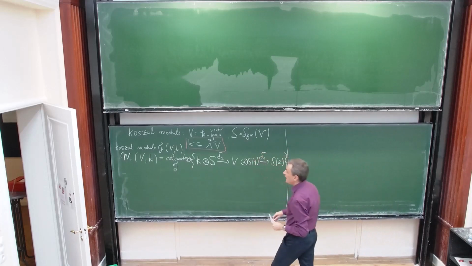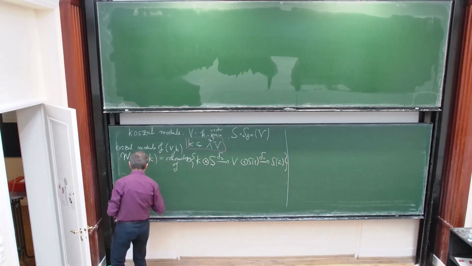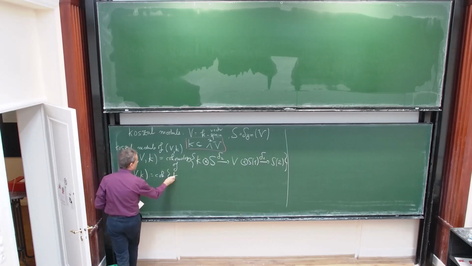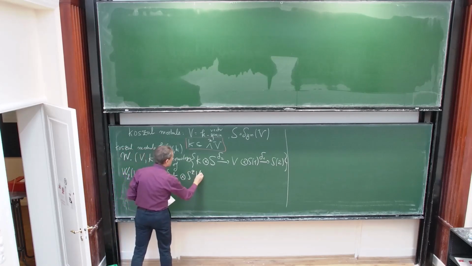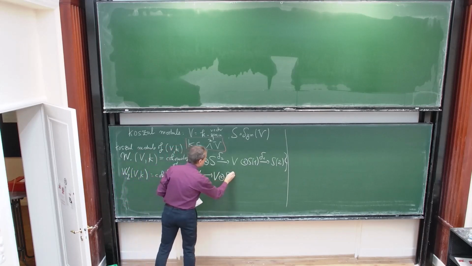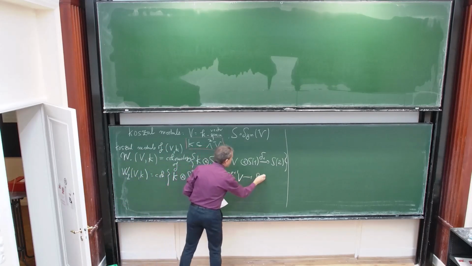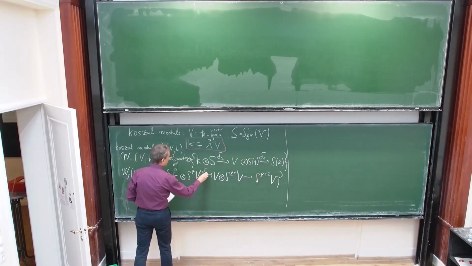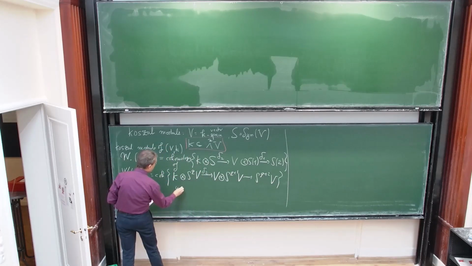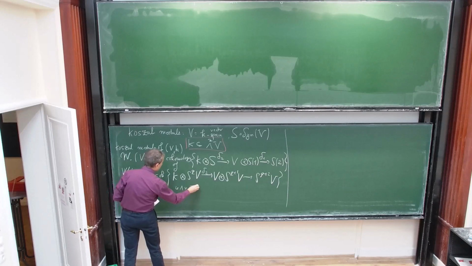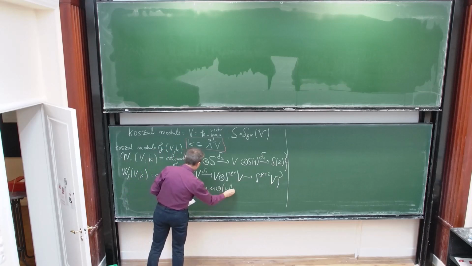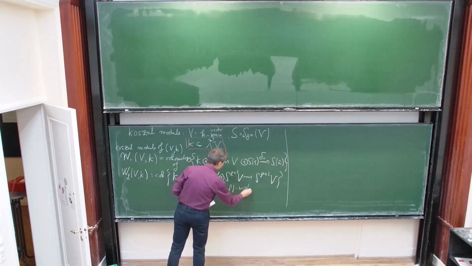So maybe let me spell it out. In degree Q, you have W_Q of the pair is the cohomology of K tensor S^Q V goes into V tensor S^{Q+1} V and S^{Q+2} V. The Koszul differential delta 2 sends something like u wedge v tensor f to u tensor vf minus v tensor uf, something like this.